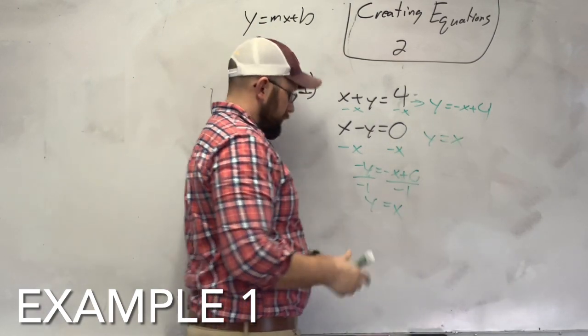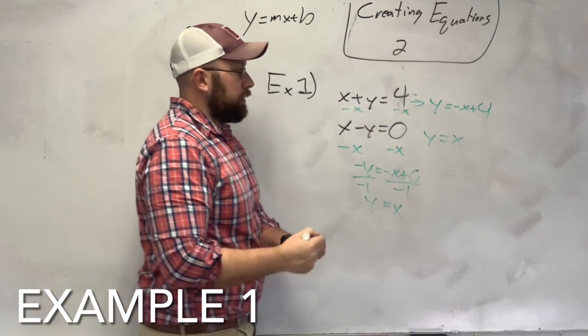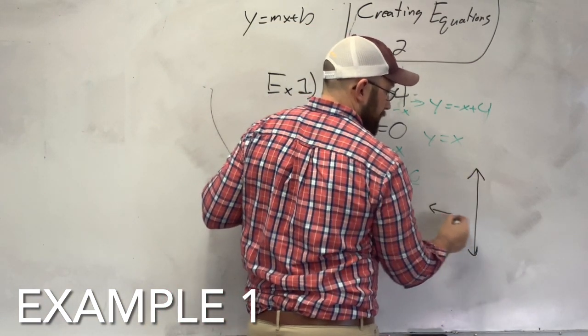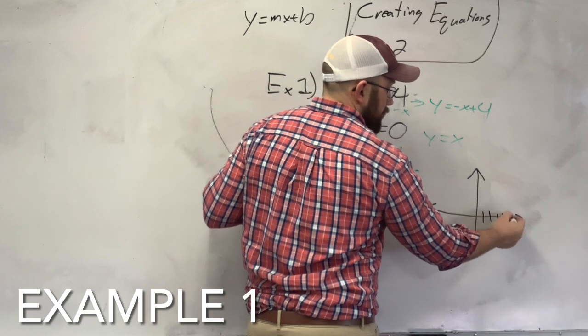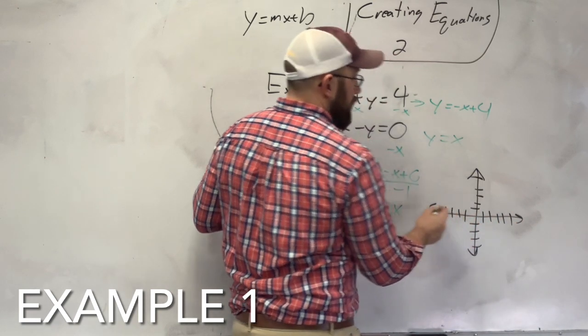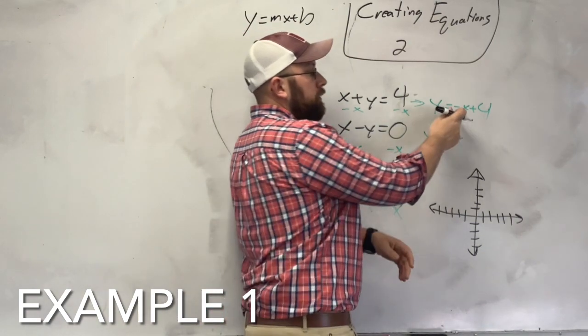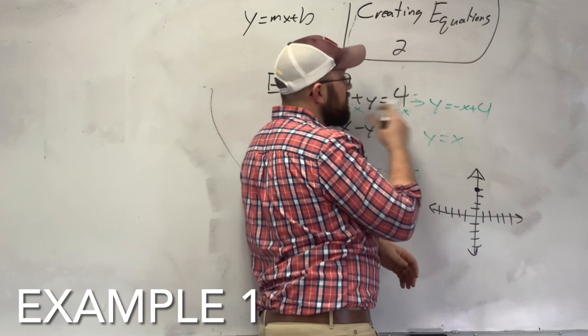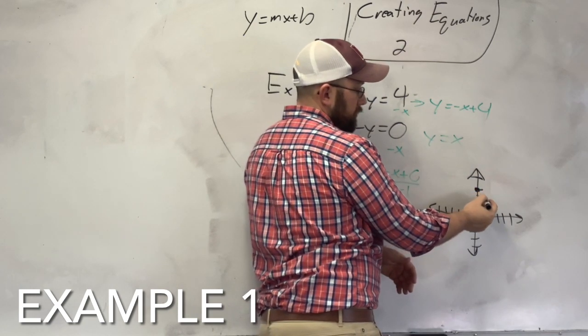So I can graph this if I really want to, and this will be the only one I actually graph to show you. If I'm going to graph this one, my y-intercept's at 4, and my slope is negative 1.